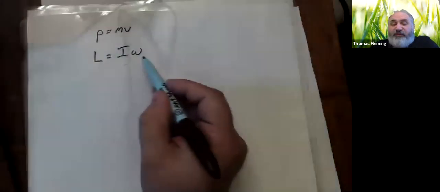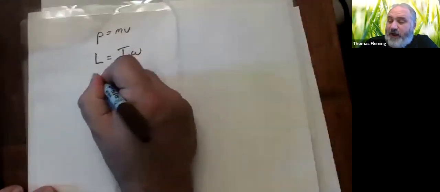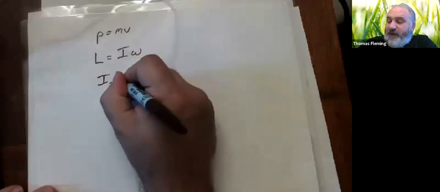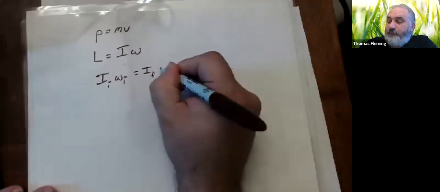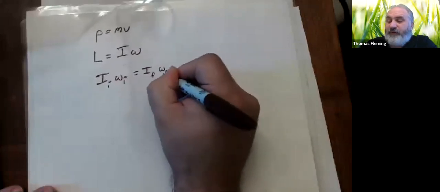It's not a W, it's an omega. And this is going to be a conserved quantity. So if I have a situation where an object's under the influence of no external torques, I could write a conservation equation: I initial, omega initial for an object has to equal I final, omega final for that same object.